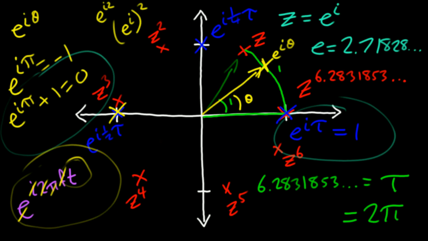Every time you see e to the i something, it's a helix. Now, remember the unit circle from trigonometry?